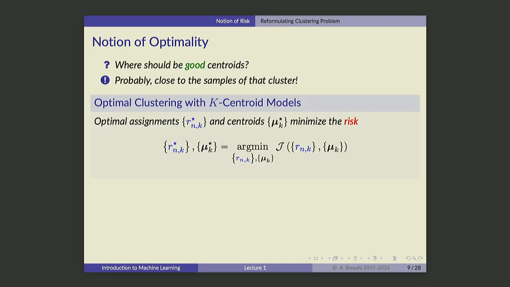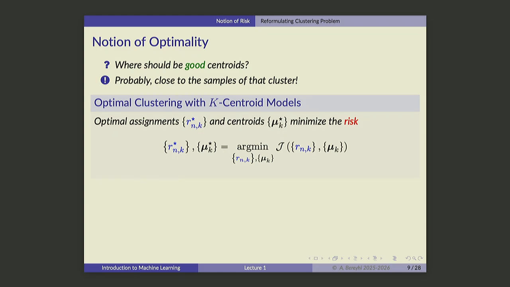For every single point, I have k different coefficients. One of them is 1, the rest of them are 0. And I have n different points. So it's a big matrix of coefficients, where every row has one single 1 and the remaining are 0. So this is one variable that I can play with.